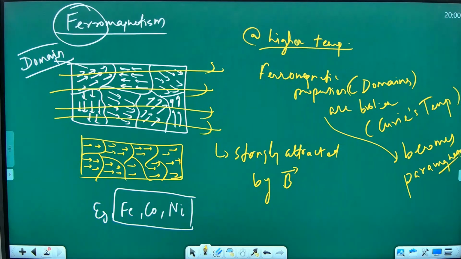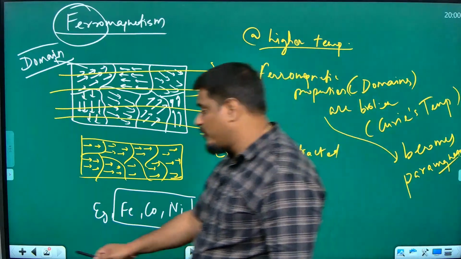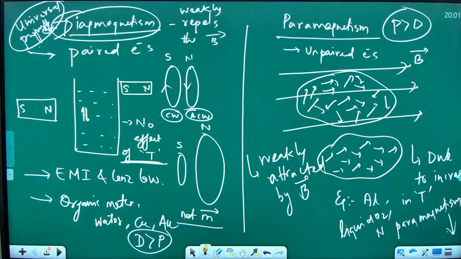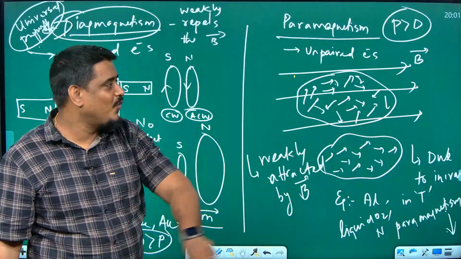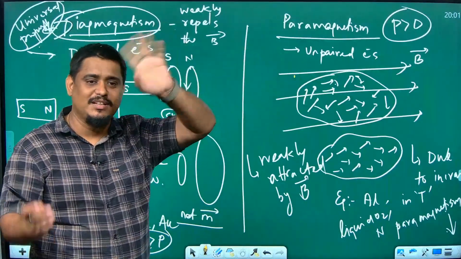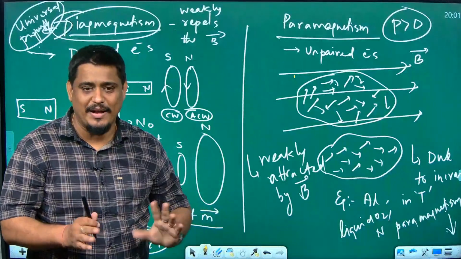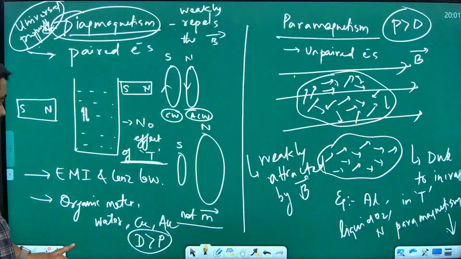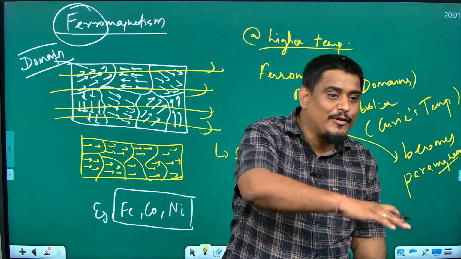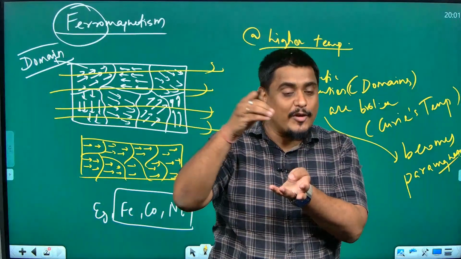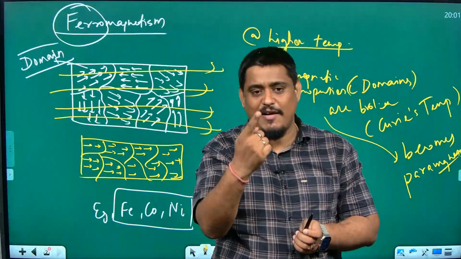One more thing I will say. In the case of paramagnetism, the moment the external magnetic field is removed, domains will come back to random orientation, with no magnetic properties. But not in the case of ferromagnetism. Even after the removal of the external magnetic field, the ferromagnetic property is retained. Suppose you have an iron nail.